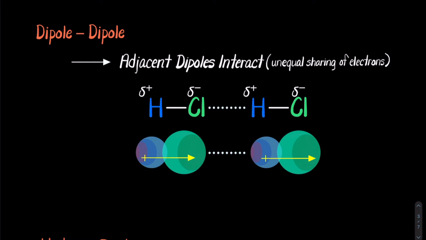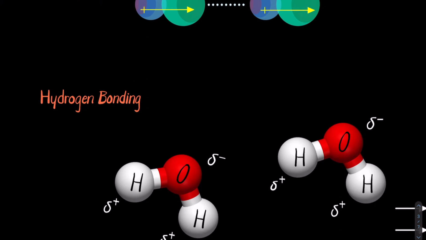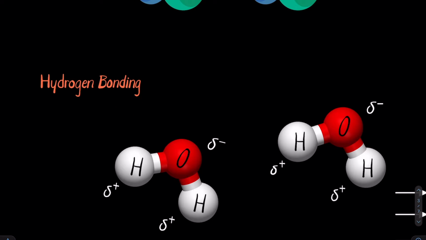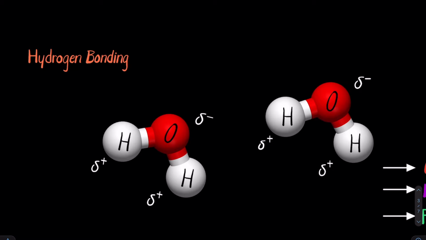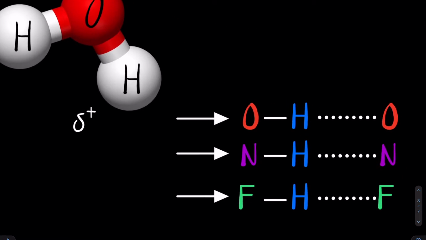Now, a special case of this dipole-dipole, and it's quite honestly stronger than normal dipole-dipole, is hydrogen bonding. The most clear example of this is water interacting with other water molecules, but the main hydrogen donors and hydrogen bond acceptors have to deal with oxygen, nitrogen, fluorine whenever they're bonded to a hydrogen.